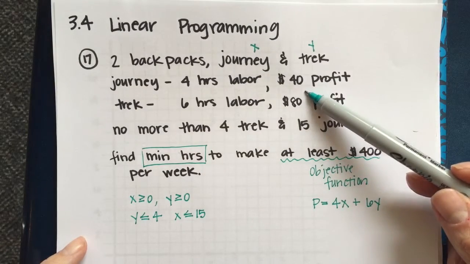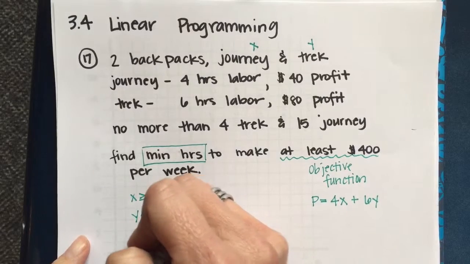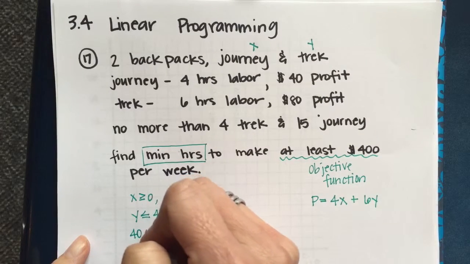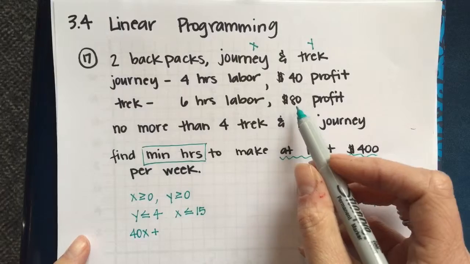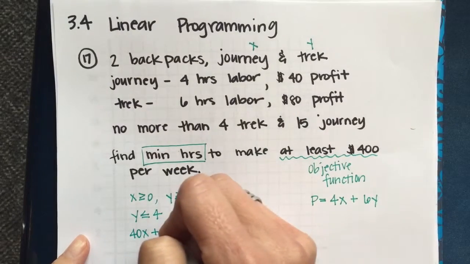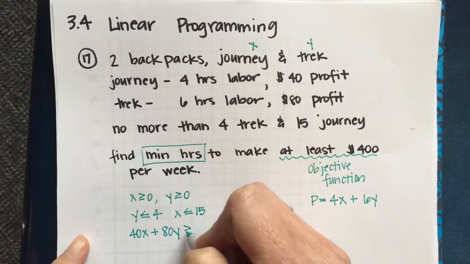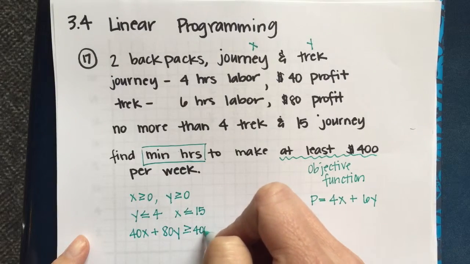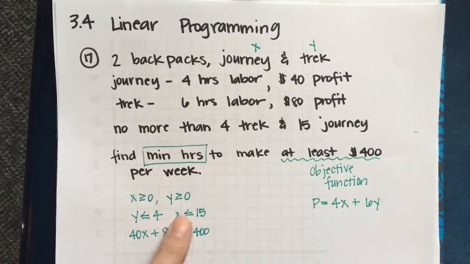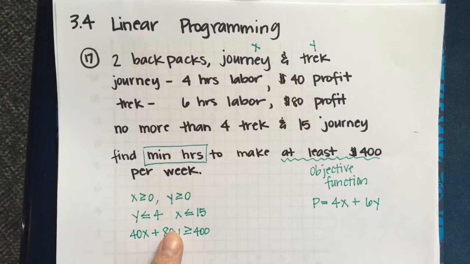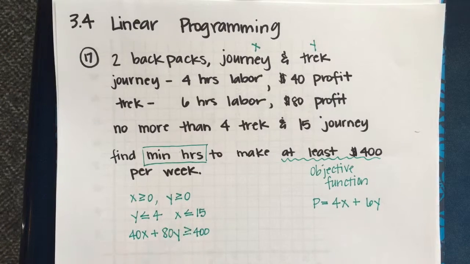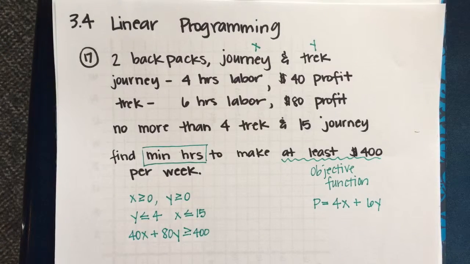So $40 for every Journey backpack they sell, 40X, plus $80 for every Trek backpack, 80Y, has to be greater than or equal to 400. So here's our system of constraints. These are the ones that we're going to graph. And remember, we're doing the shading of the inequalities, and we're looking for that polygon they make so that we can find the vertices.